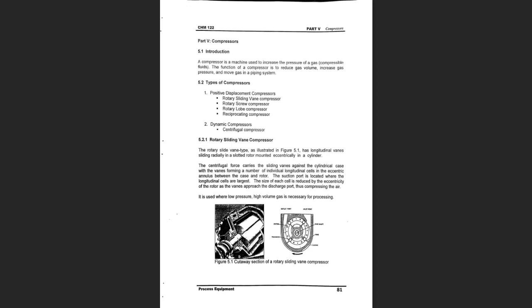Now let's begin with the definition of compressors. A compressor is basically a machine that is used to increase gas pressure, or the pressure of a gas, and you can see here that it puts the phrase compressible fluids between parentheses.